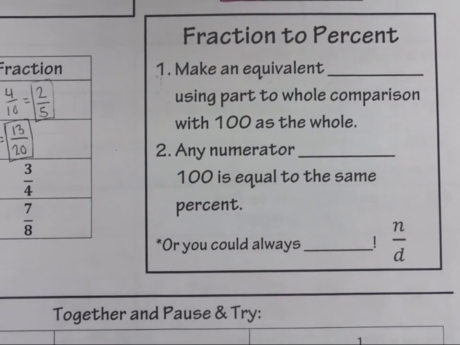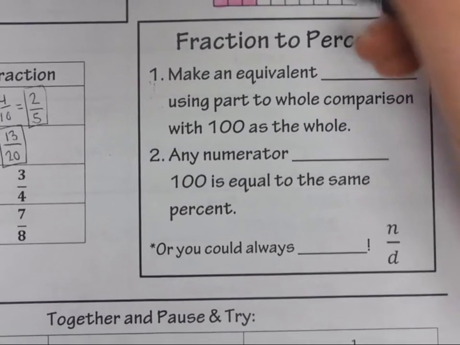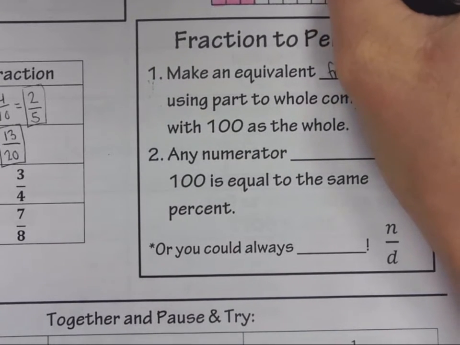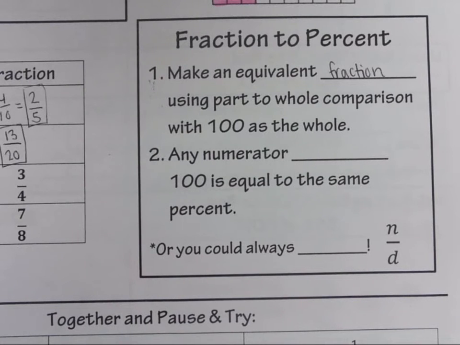This one has just a little bit more work, but it's still not that hard. Okay, the first one, we want to make an equivalent fraction using part to whole comparison with 100 as the whole. That's a whole bunch of words. What we want to do is whatever fraction we start with, we want to make an equivalent fraction that has 100 in the denominator.